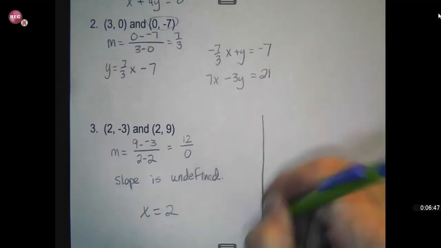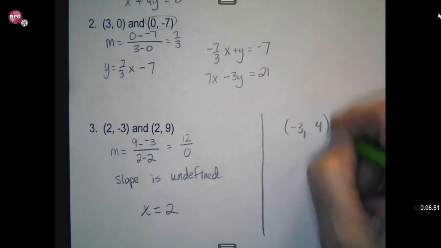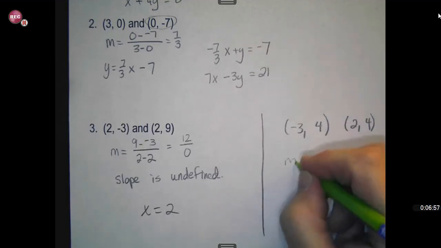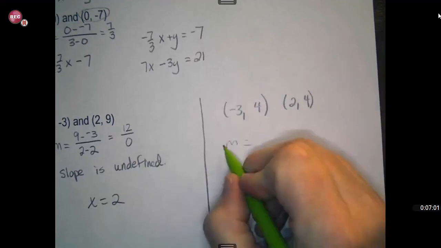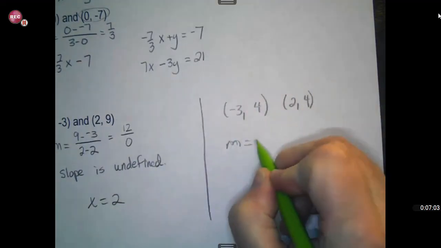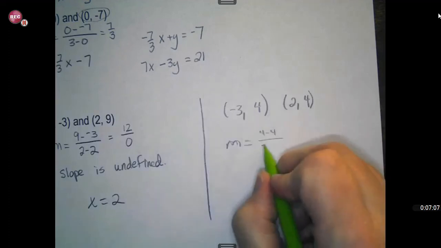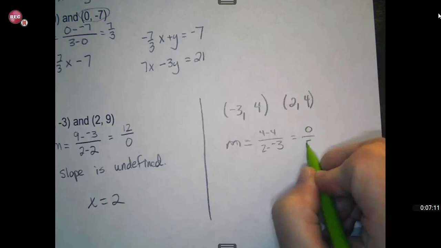I'm going to add another example here. I'm going to add -3, 4, and 2, 4. Okay. So if I go to find the slope here, it is going to be 4 minus 4 over 2 minus -3, or 0 over 5.